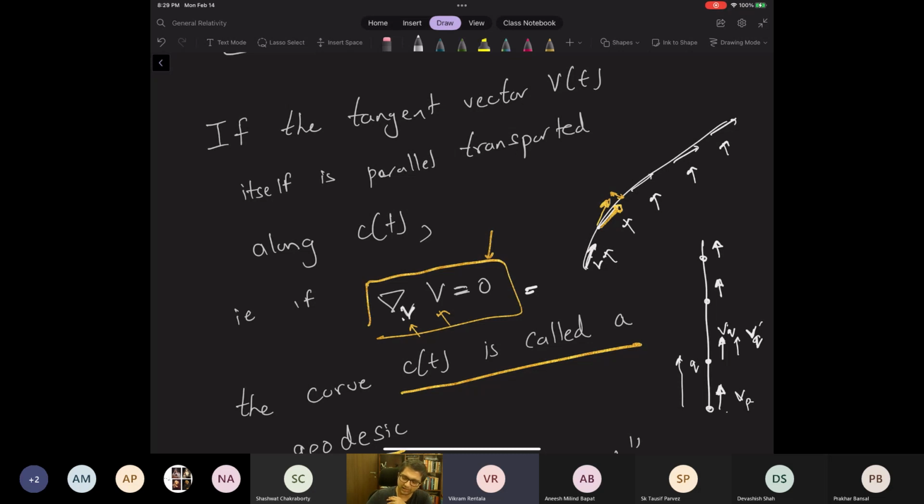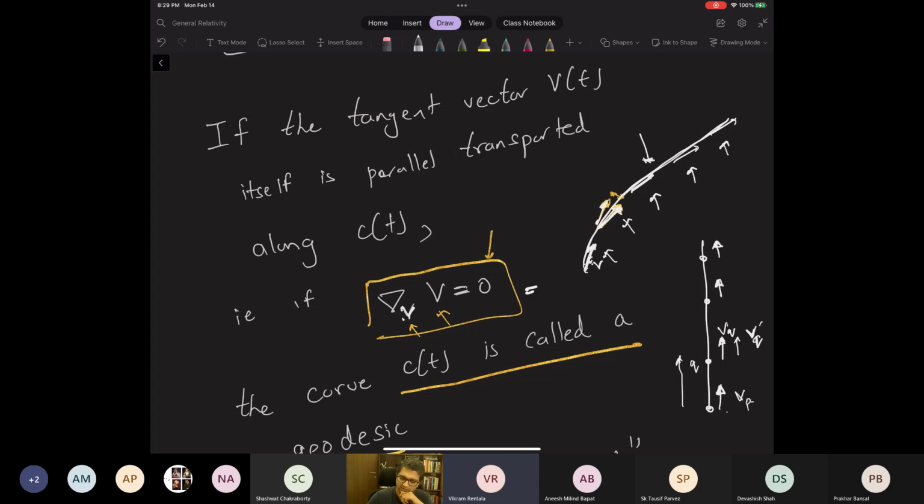That is what defines the straightest possible path you can have in a manifold, as opposed to this kind of path where the tangent vectors are changing, and therefore when I parallelly transport the vector from here to here, I can see that it's not the same as the tangent vector here. That tells me this is not the straightest possible path.